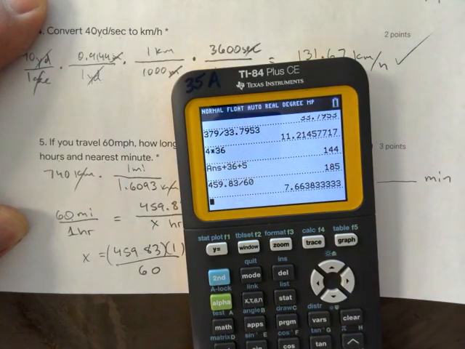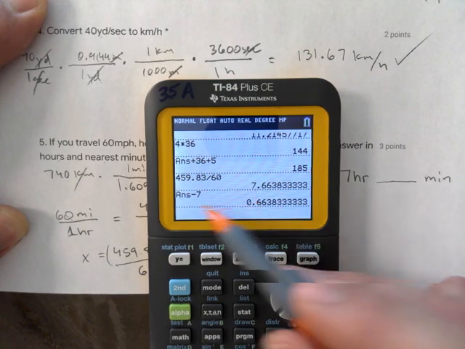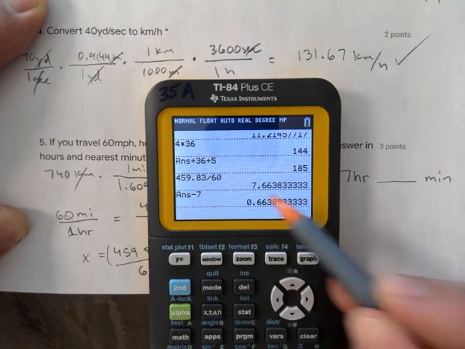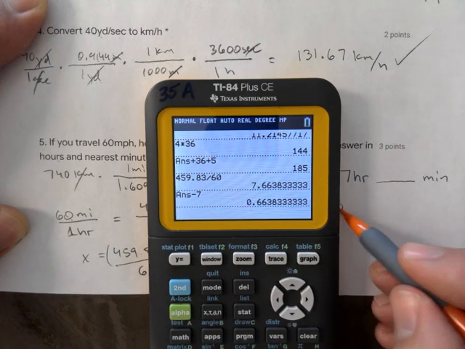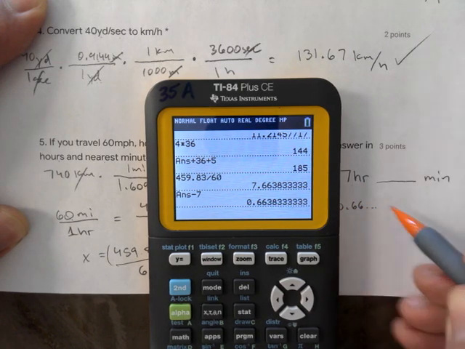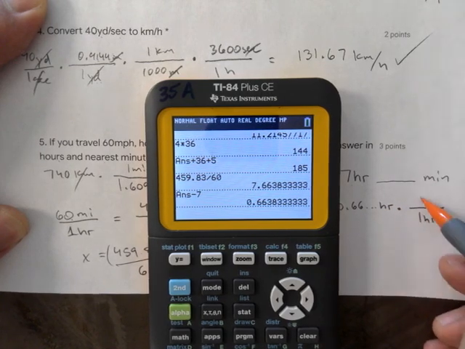Divide by 60. Take away the 7 from that answer. So 7 hours, you put that down, and then the rest, you multiply the 0.66 and so on hours, and you go 1 hour has 60 minutes.